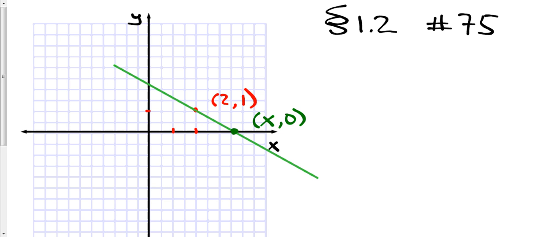In other words, if somebody gives me a value for x, could I find the slope? Yeah, I could do that, right? So let's find slope as a function of x. I'm going to do this in green as well. Slope as a function of x equals what?